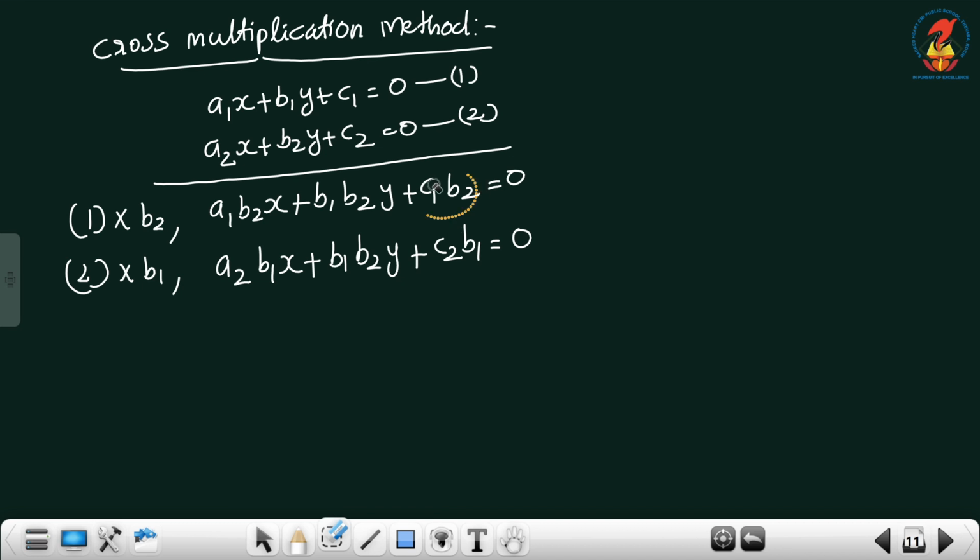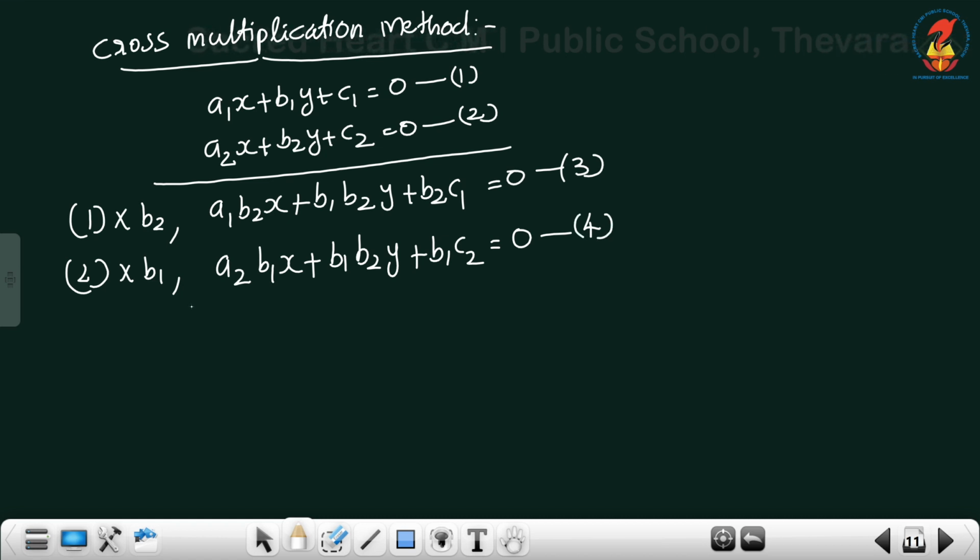You can write it b2 c1, and here b1 c2, both are the same. This is equation number 3 and equation number 4.